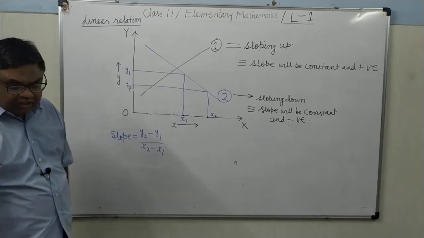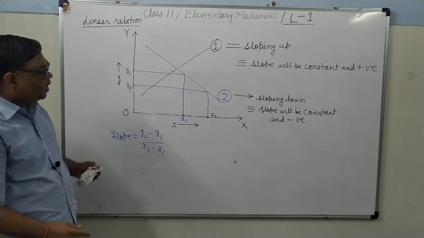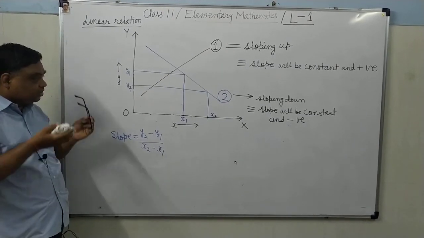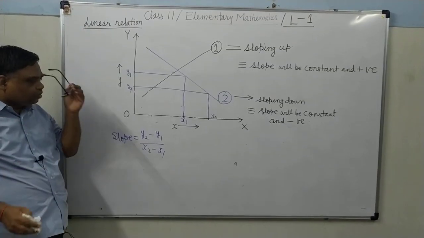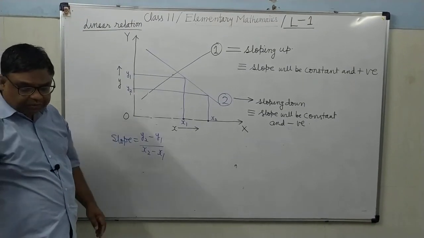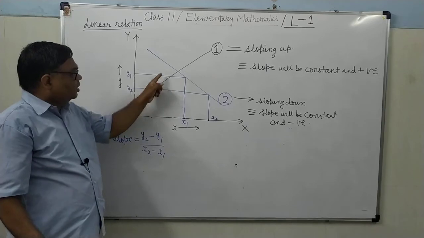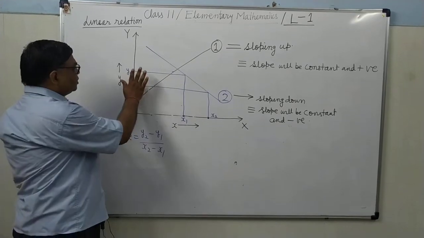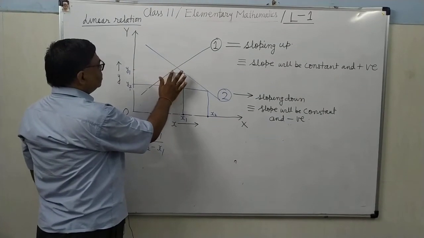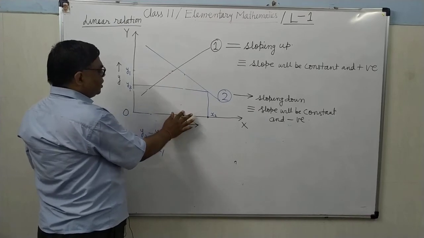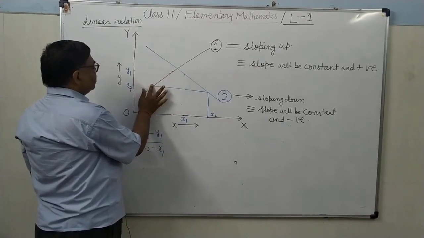Now we will see this positive slope and negative slope in case of the displacement time graph and in case of the velocity time graph. Suppose the displacement time graph is like this. Now I am removing this, otherwise there will be confusion.